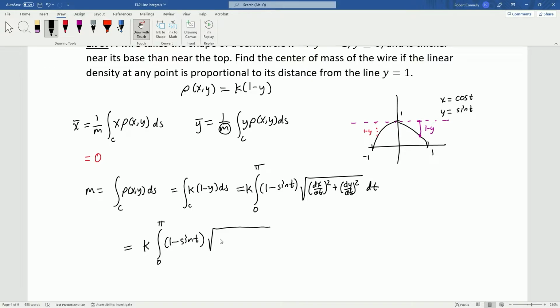It's going to cancel the negative and just give me sine squared of t, plus dy/dt is going to be cosine of t, squared. And of course, sine squared of t plus cosine squared of t is 1. So this just gives me 1 minus sine of t dt.